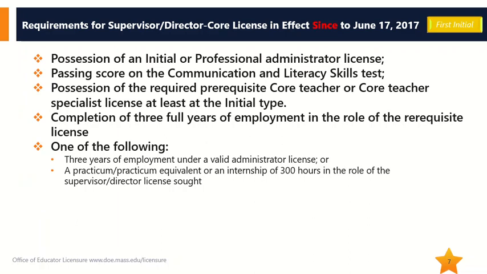Requirements include possession of an initial or professional administrator license, achieving a passing score on the communication and literacy skills test, and possession of the required prerequisite core teacher or core specialist teacher license, at least at the initial or professional type. Completion of 3 years of employment in the role of the prerequisite license is also required. In addition, 3 years of employment under a valid administrator license or a practicum equivalent or an internship of 300 hours in the role of the supervisor director license sought is required.